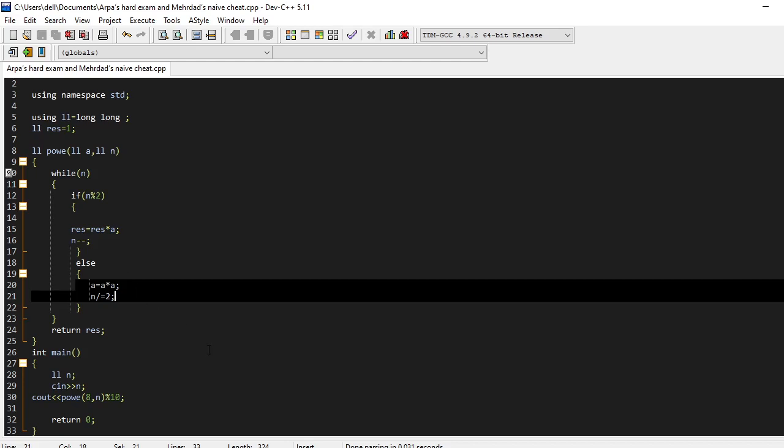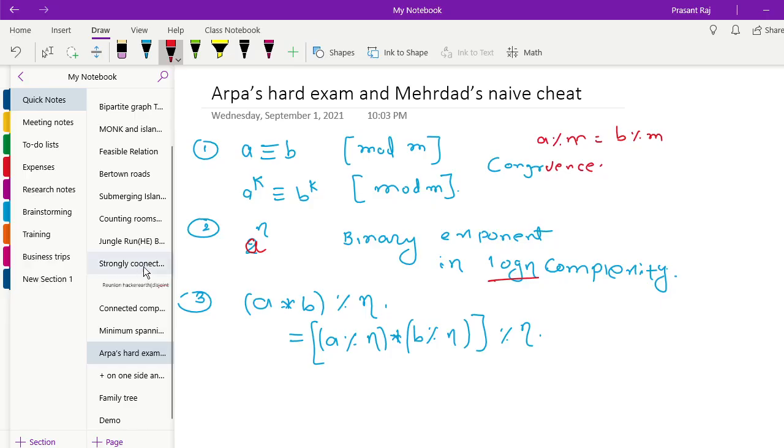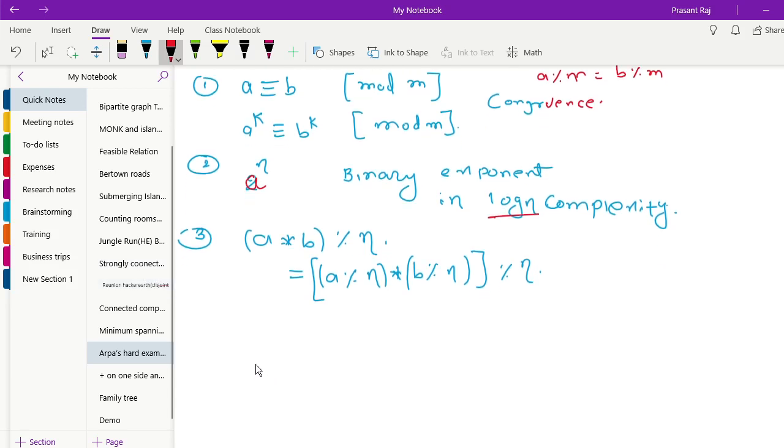What I mean to say is that suppose I want to calculate 2 raised to the power of 4. This is the test case.